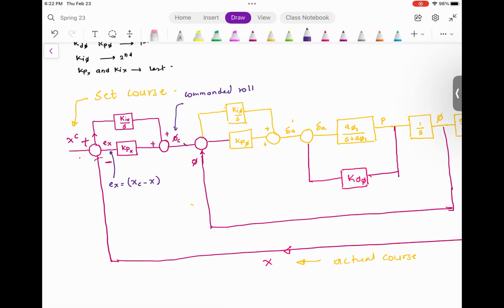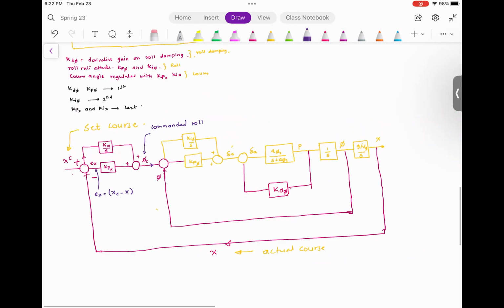This commanded roll gets fed into the summing junction, and this summing junction feeds the roll command coming from this outer loop. Then here we get something called the error in the roll, which is the difference between the commanded roll and the actual roll. This error gets fed to KP.